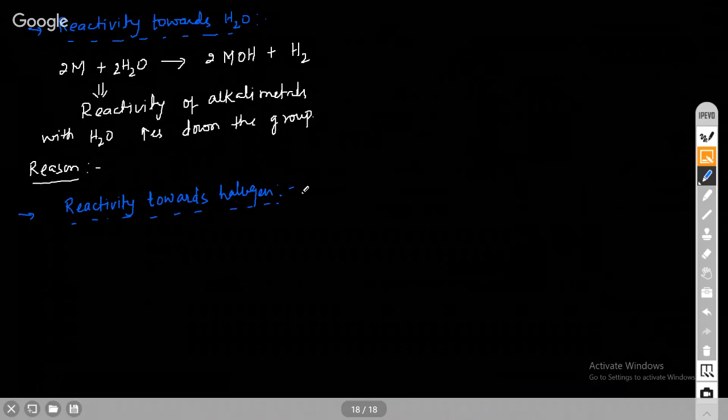Write down: alkali metals directly react with halogen and form halide. The reaction you can write: M + X2 gives MX.